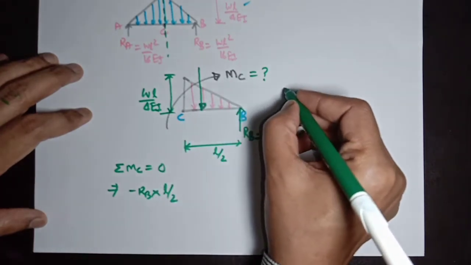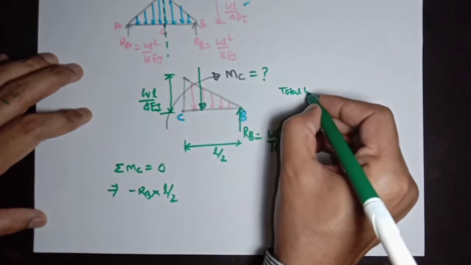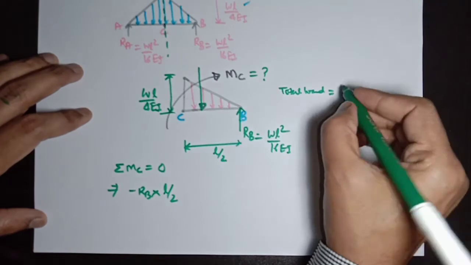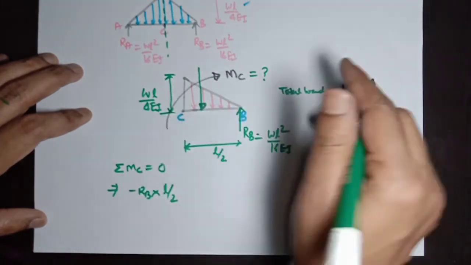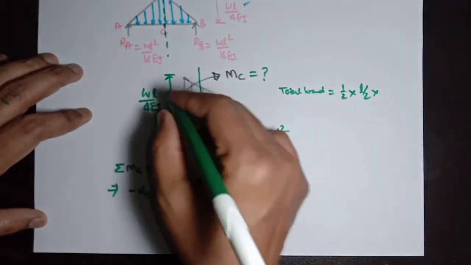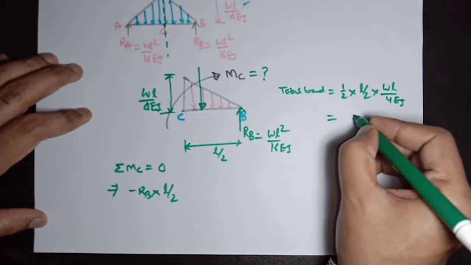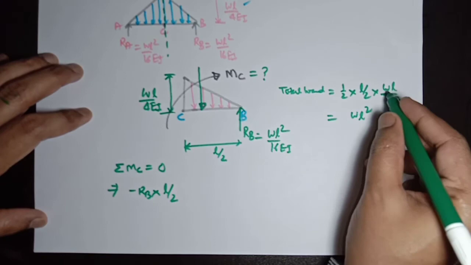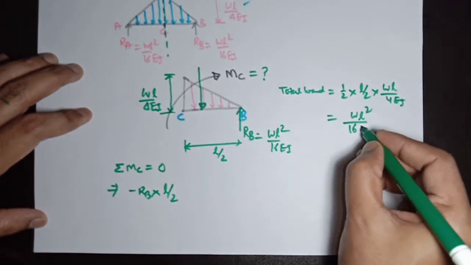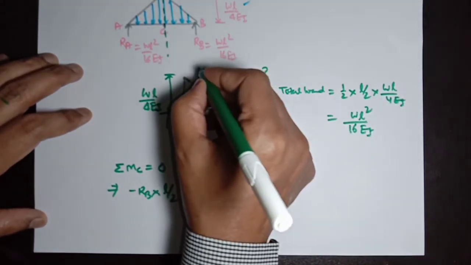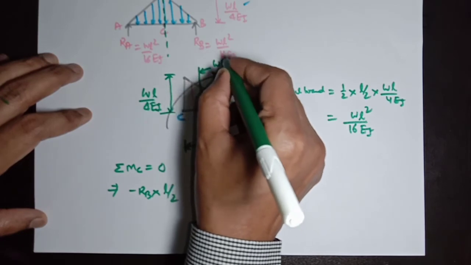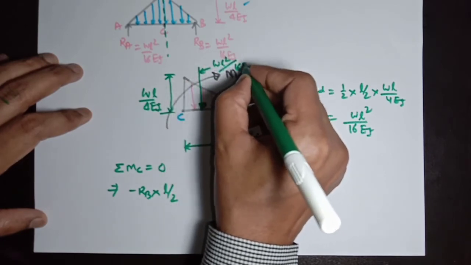So total load will be half, this length L by 2, into WL divided by 4 EI. It will be WL square divided by 16 EI. This is the total load, WL square divided by 16 EI.